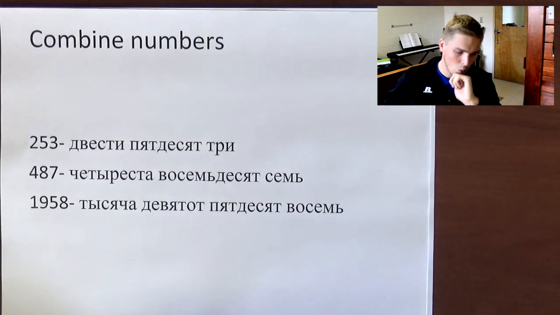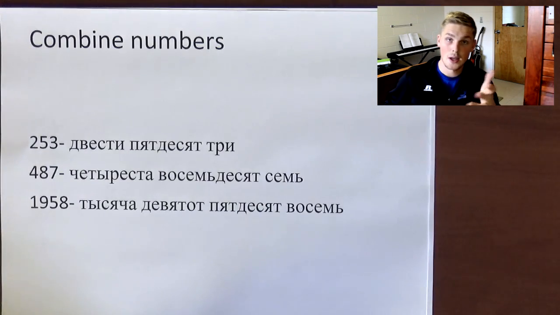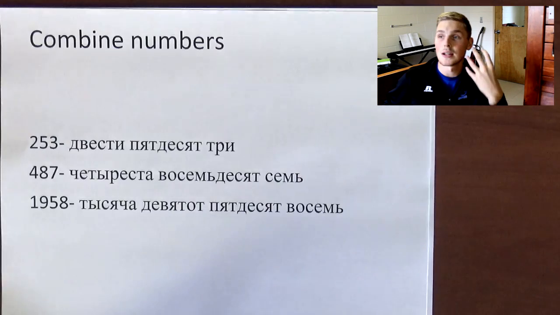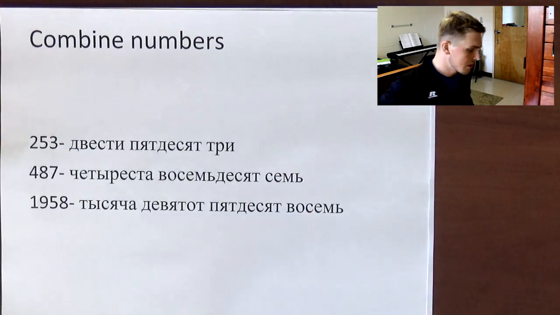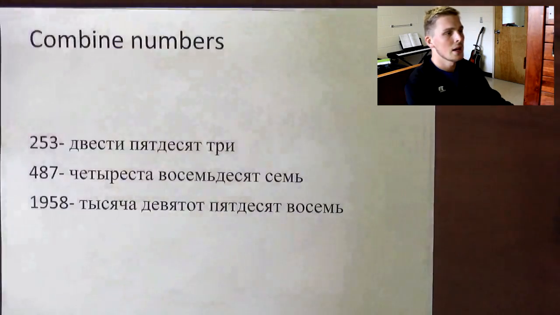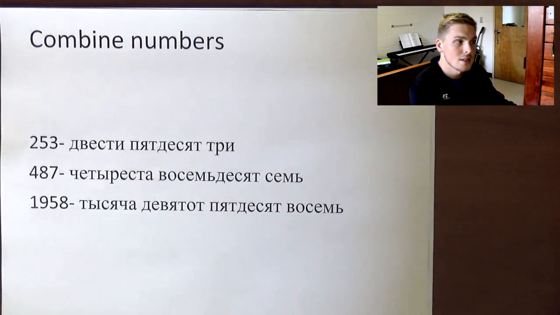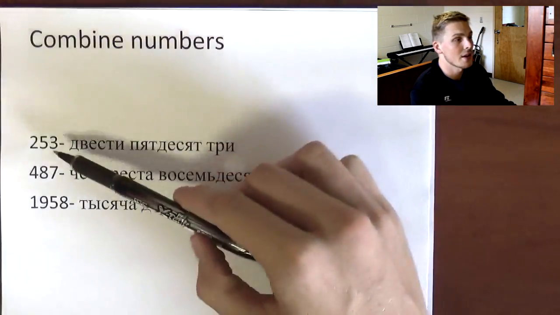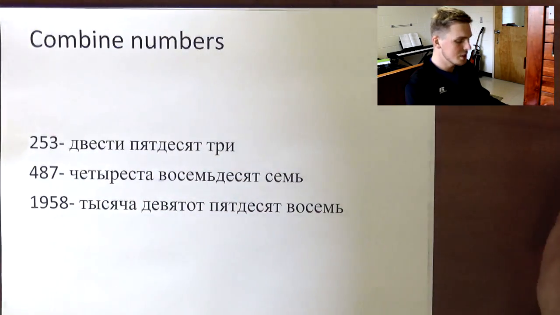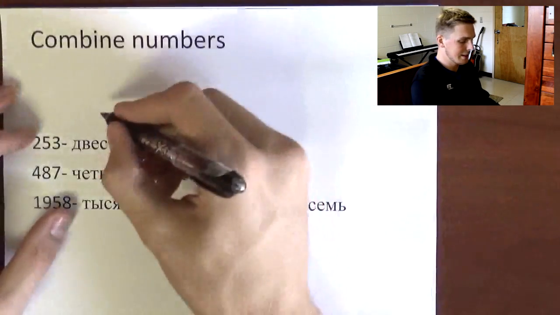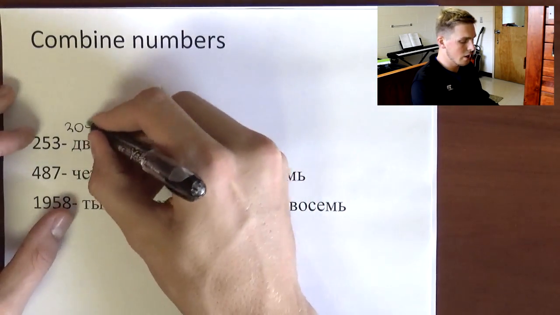So, we just learned with you how to say hundreds. In the last video, we learned tens and ones, twos, and threes. So based on that knowledge, we can say this number right here is going to be 253. We see that it has 200, so it's going to consist of these numbers.